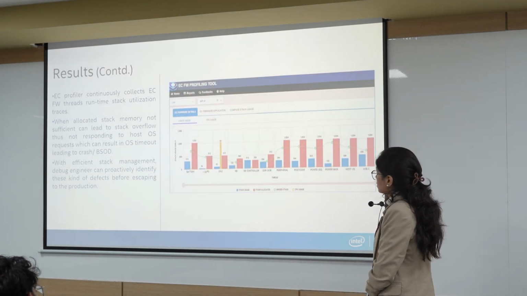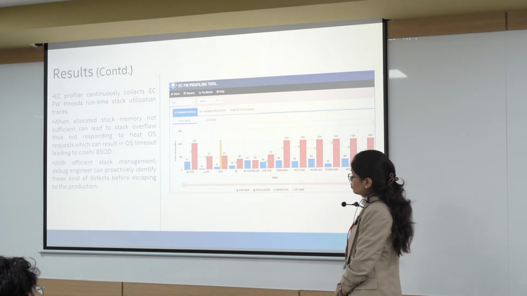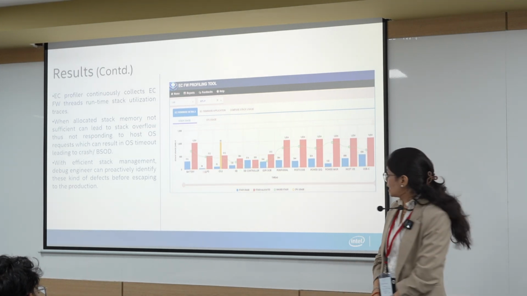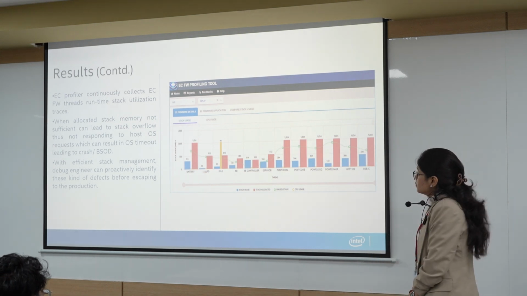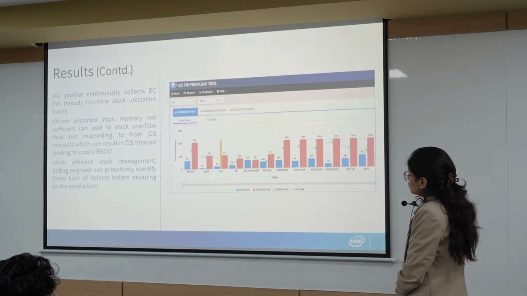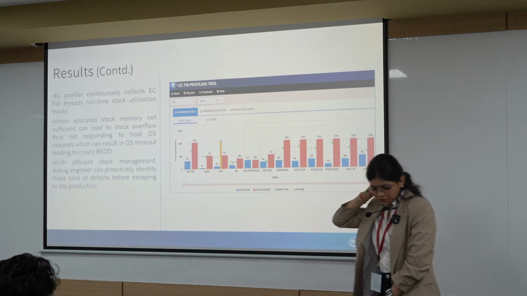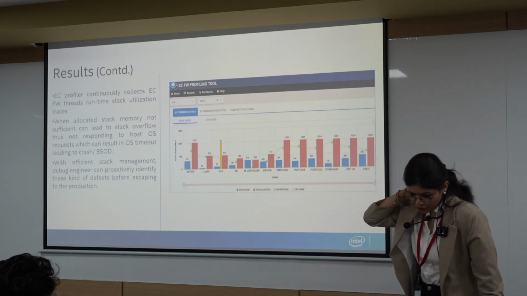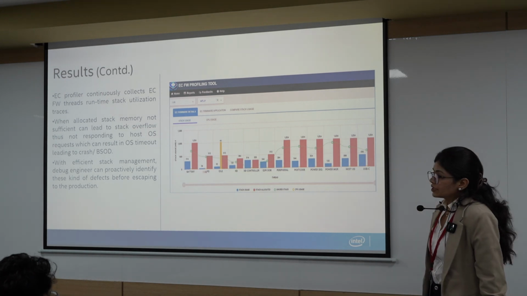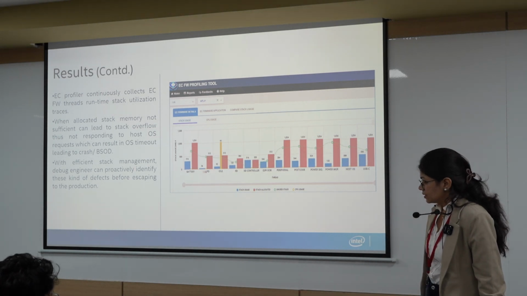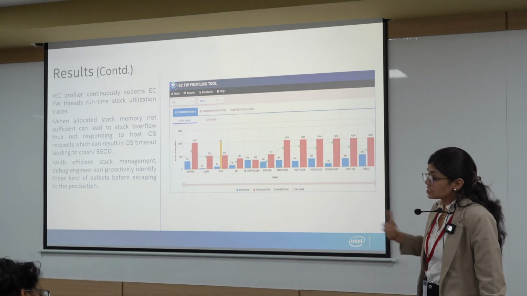Okay, we also have the stack graphical representation. Here you can see the stack usage data for the battery or the PD already listed. For example, say we have allocated 1024 kilobytes of memory and we are stressing out our system.